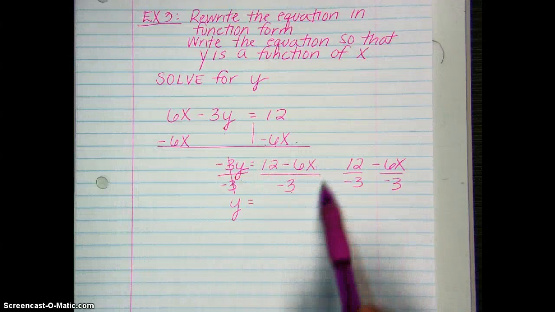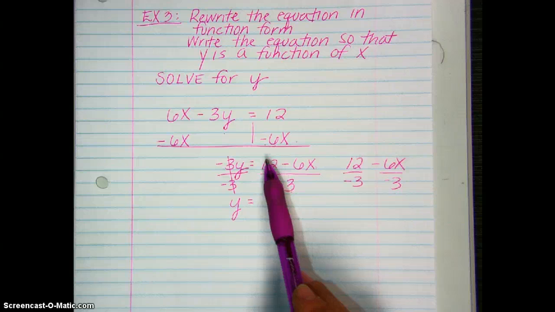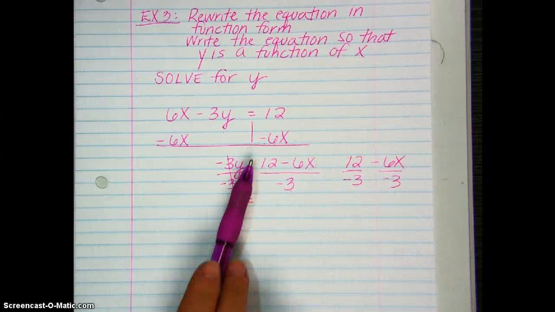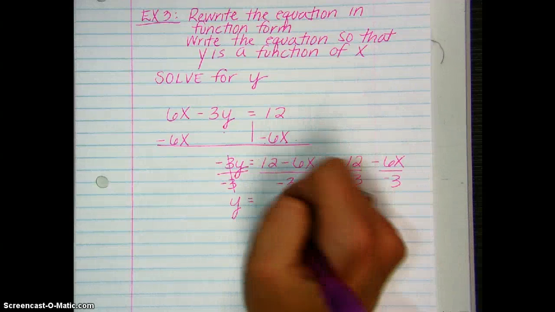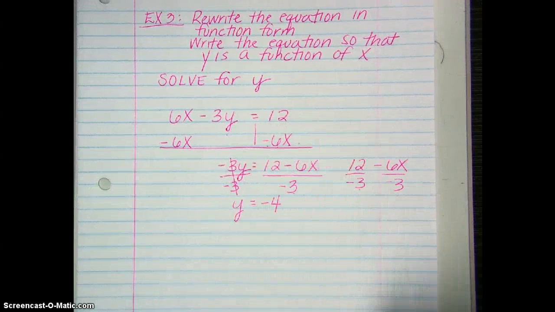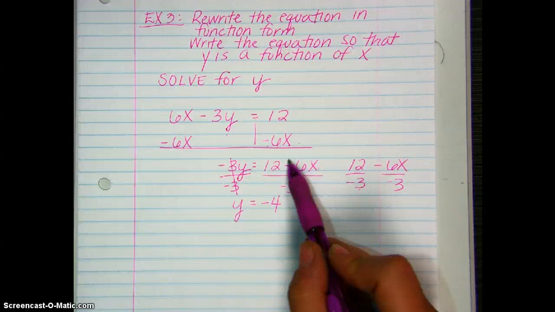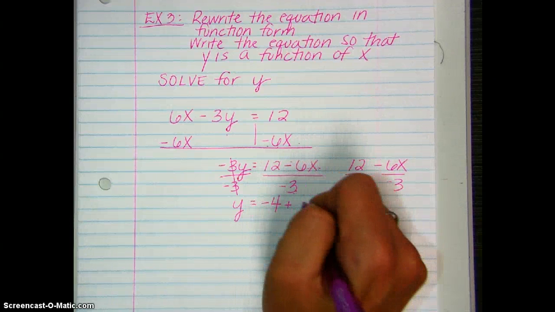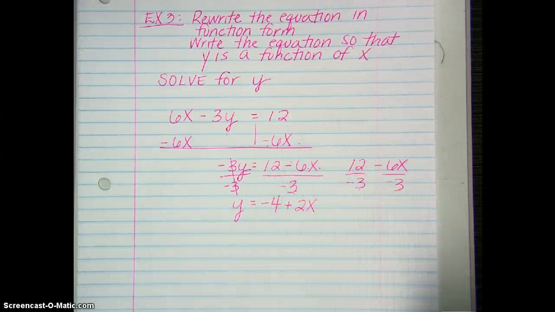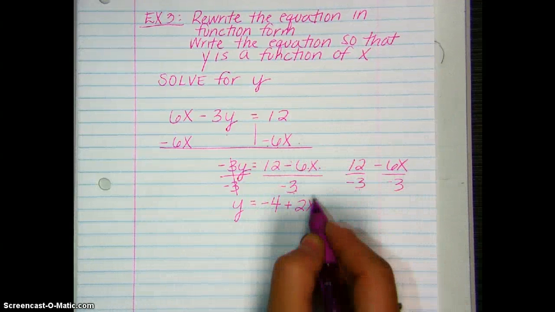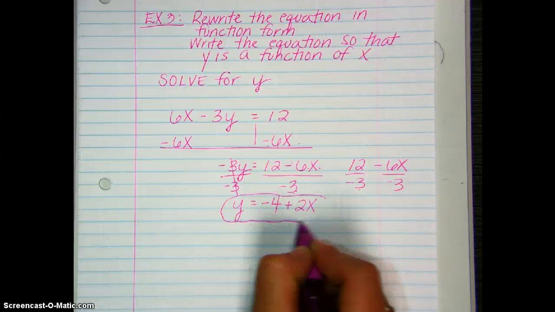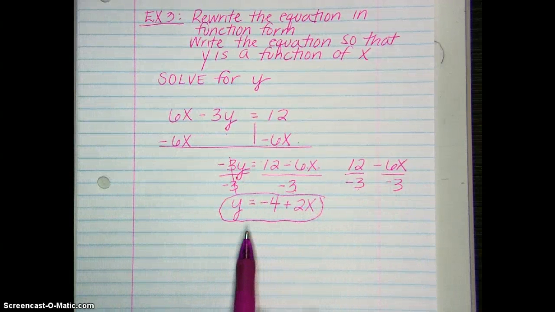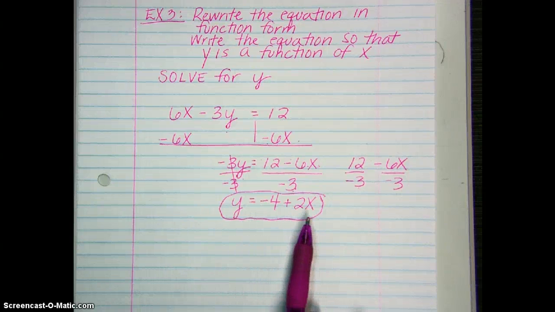The whole thing getting divided by negative 3 means to take each thing individually and divide it by that. So we do 12 divided by negative 3. That's negative 4. And then negative 6x divided by negative 3 is positive 2x. And that would be your final answer. So we solved for y. We rewrote the equation so that y is a function of x.